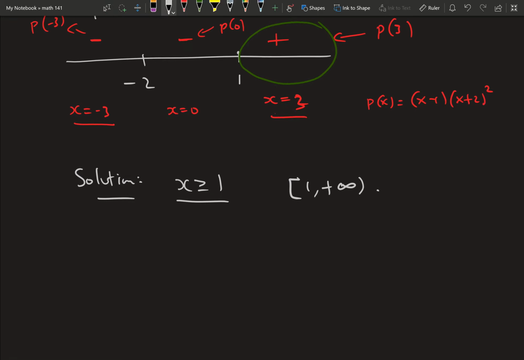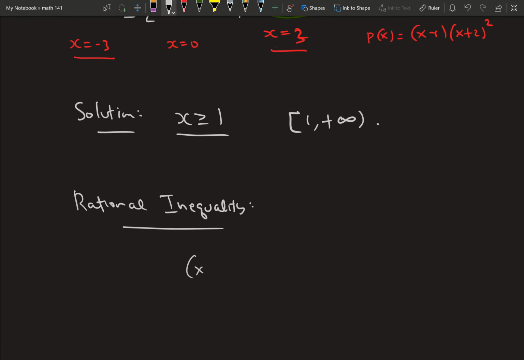So let's just do one example of a rational inequality. Well, let's take x minus 1 divided by -2x plus 1 times x minus 4. And I'm going to do examples where everything is already factored.